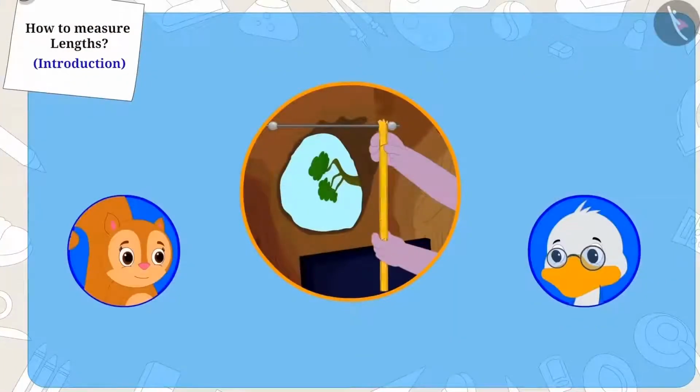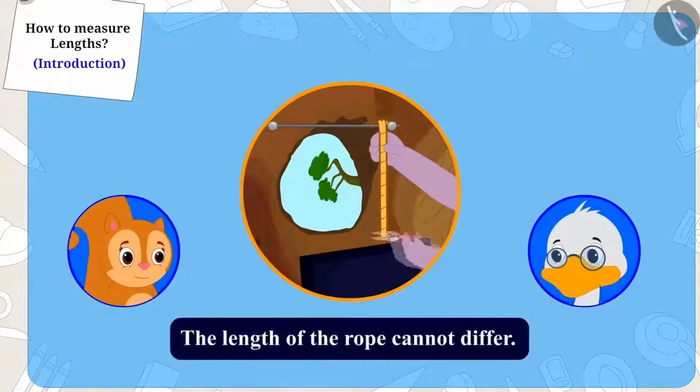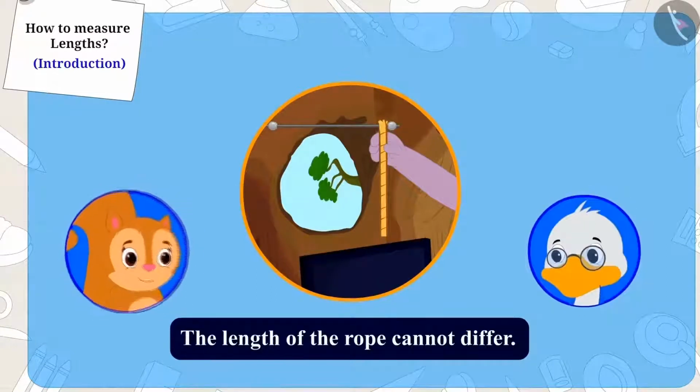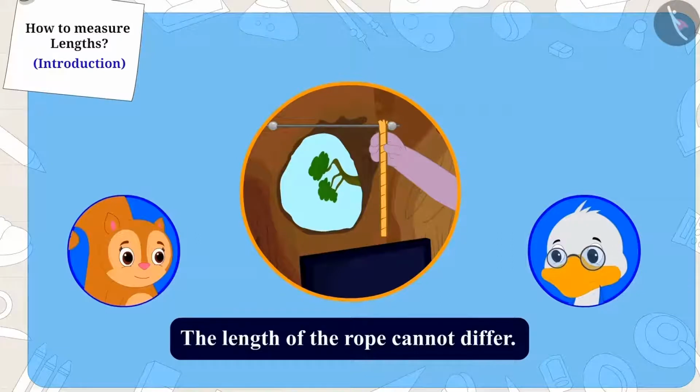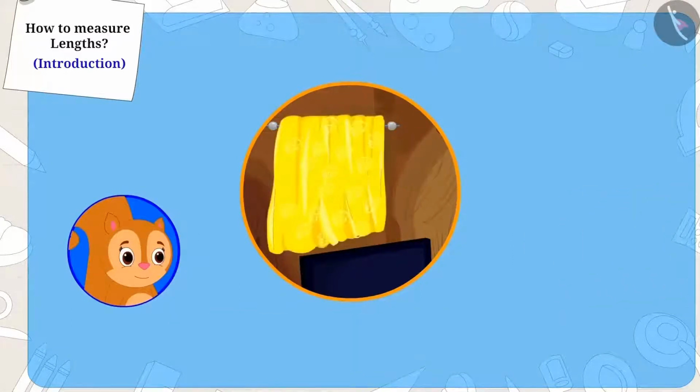Appu had measured the length of the window with the help of a rope. And because the length of the rope cannot differ, uncle's and Chanda's measurement became exactly the same. And Chanda found a curtain that was the right measurement for her window.